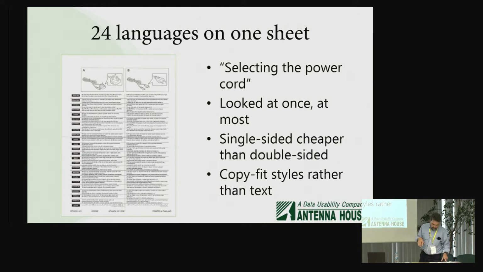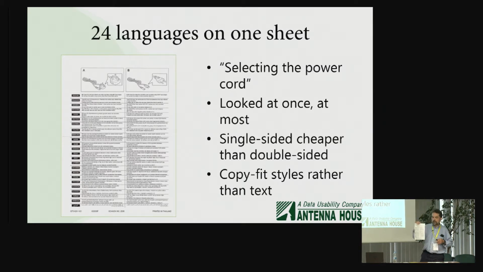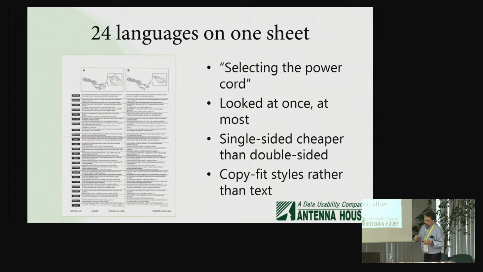Another example from the same printer is its instructions for how to choose between a UK and a European power cord. How many of you would need those instructions? Someone living in Canada has forgotten. I mean, there must be some requirement to put this in, but it has 24 languages on it.